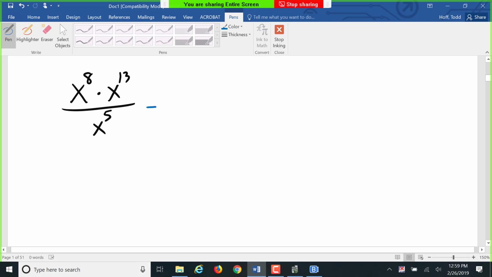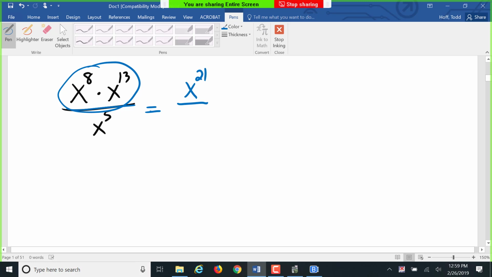Something like this. Now that fraction bar, it's division, but it's also an enclosing symbol. So it's telling us we have to do everything on top first. So we have to do that x to the 8th times x to the 13th, which is x to the 21st.